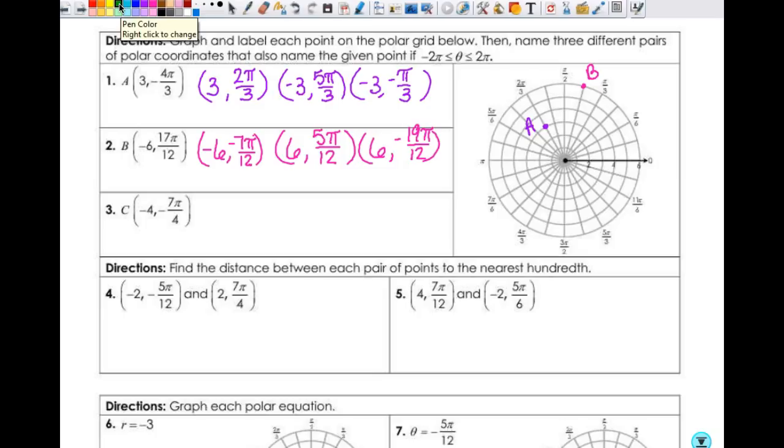I'm going to go a -7 pi 4ths, so that gets me all the way around here, and then a -4 for my radius, so I am right here for C. That means I'm going to have another negative radius, and then I need the 2 positive ones.